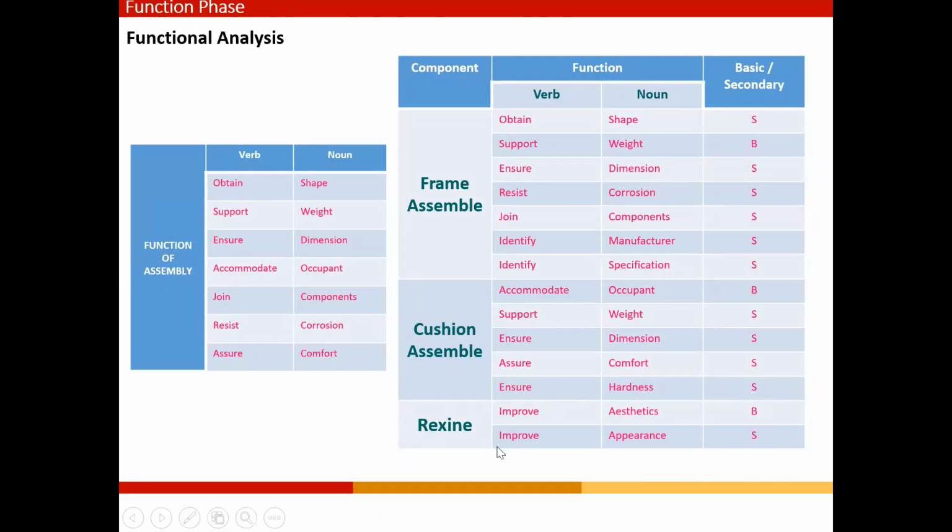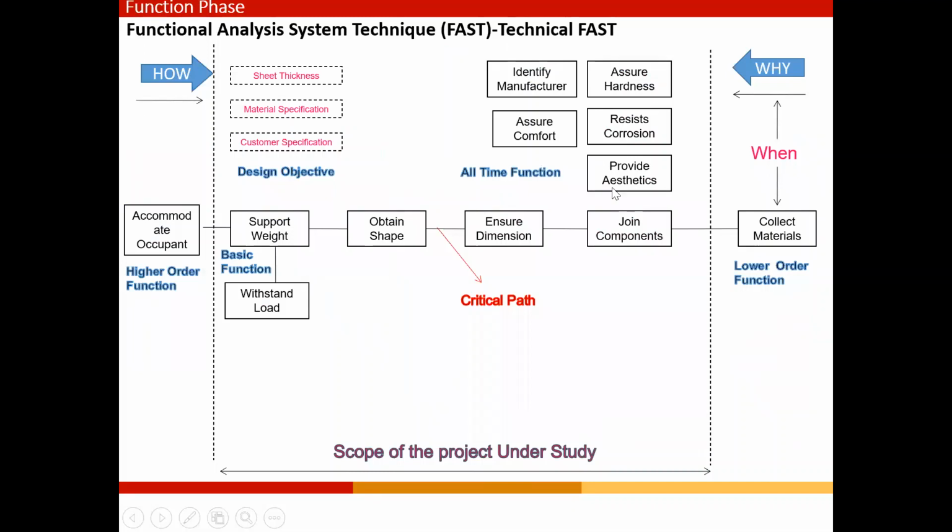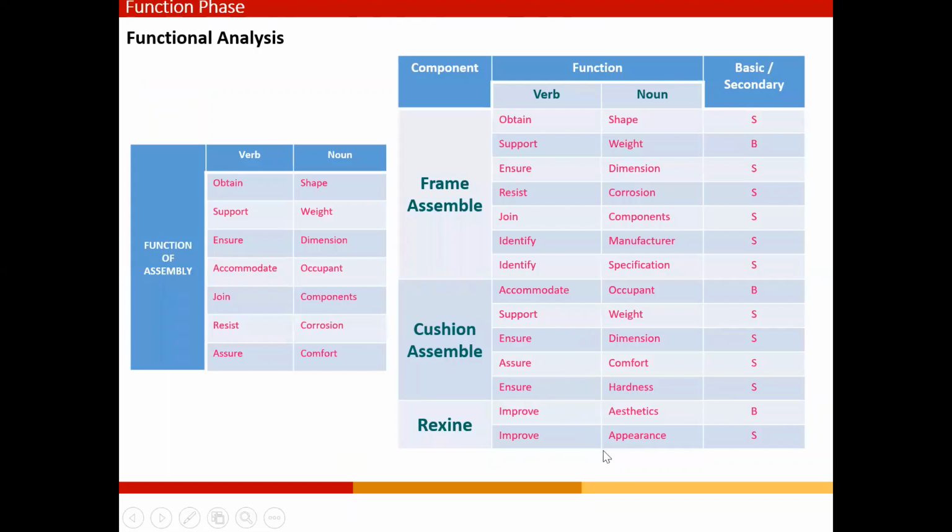The company is spending money or resource for improving the aesthetics or appearance, and these are considered in the FAST diagram in the category called all-time function. Sometimes it is highly difficult to categorize or analyze since it's a non-measurable noun, and difficult to provide the resource allocation for this function, but if we involve some expertise, then we can look into it.